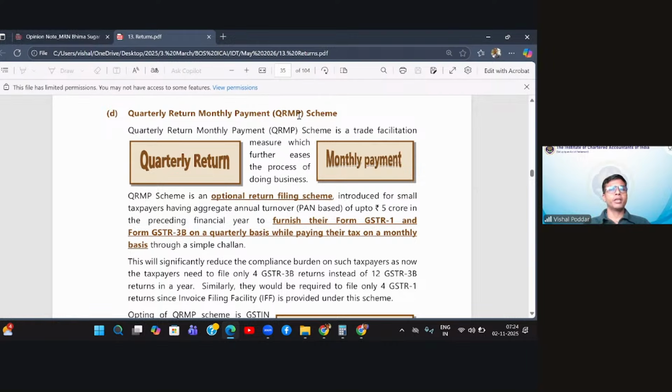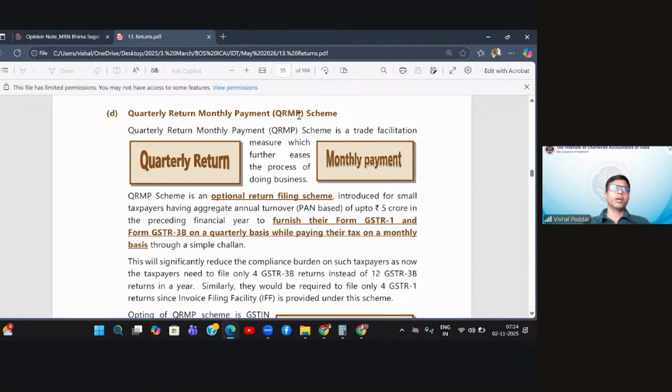But that was creating a challenge, which if you remember we discussed in the previous class: if I'm a quarterly return filer, you may not be interested in purchasing from me, because whatever I'm doing, you will be getting credit only after 3 months, after I file my quarterly GSTR 1, because that will appear in your 2A, 2B only when I file my GSTR 1. Hence, they have given this option of following QRMP.